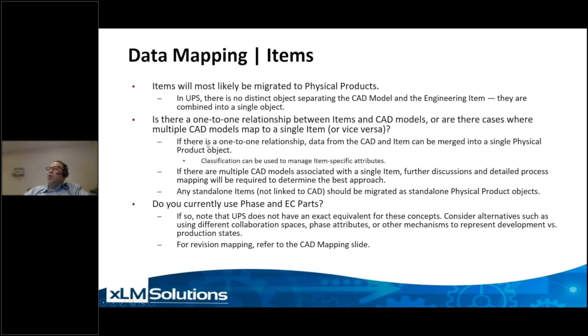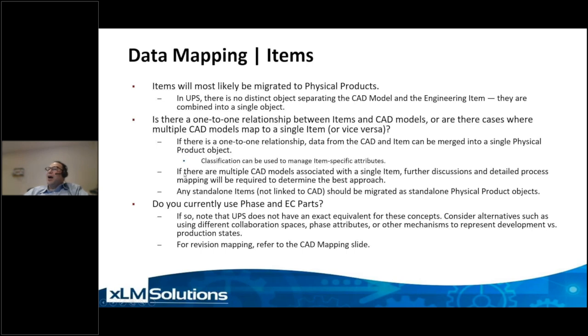If there's a one-to-one relationship between CAD and item, basically, the plan would be to merge the attributes together from both, objects in Engineering Central and Item Central, into one physical product object. And depending on those merge rules, you can again use classification to manage whether it's item-specific attributes or CAD-specific attributes or purely classification type of data.